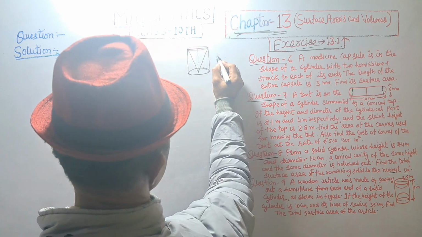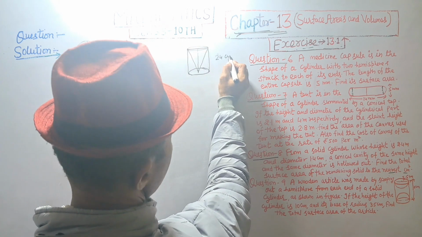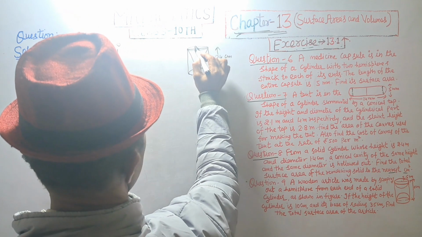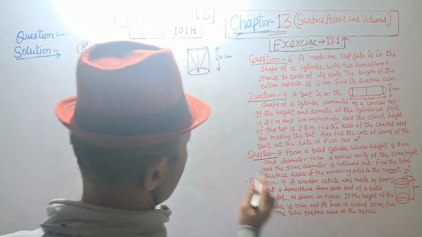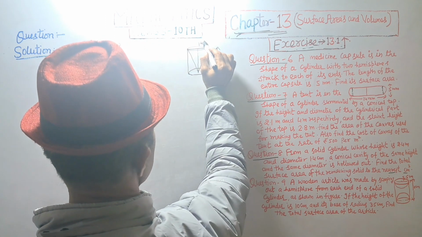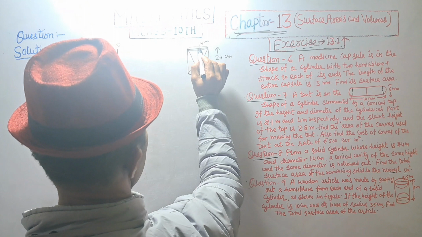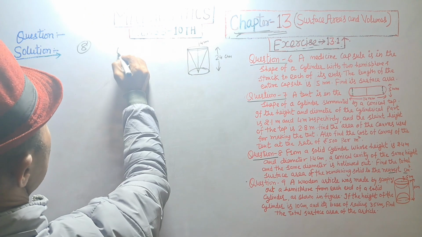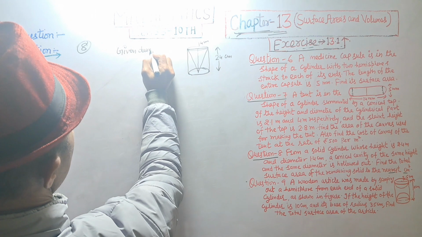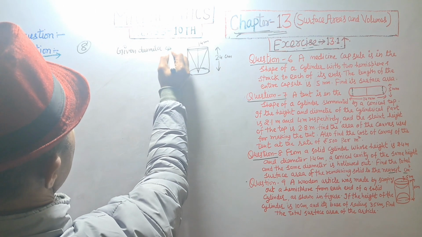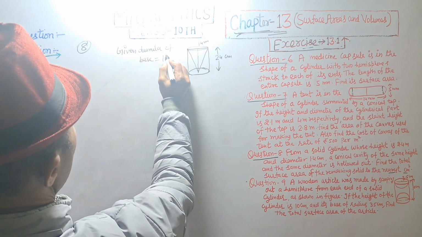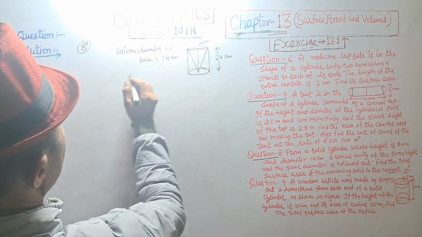Height of cylinder is equal to 2.4 centimeter and diameter is 1.4 centimeter. Given diameter of base is equal to 1.4 centimeter.